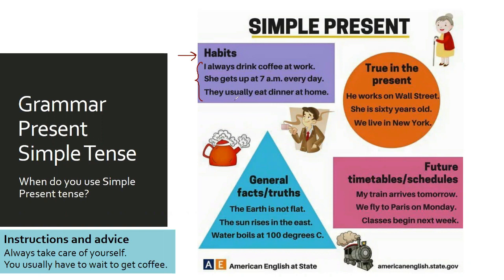These are examples of sentences that you can see for yourself. Another use of simple present is when you want to talk about something that is true, related to your information or any information surrounding you. So when it comes to that idea, you also have to use simple present tense.